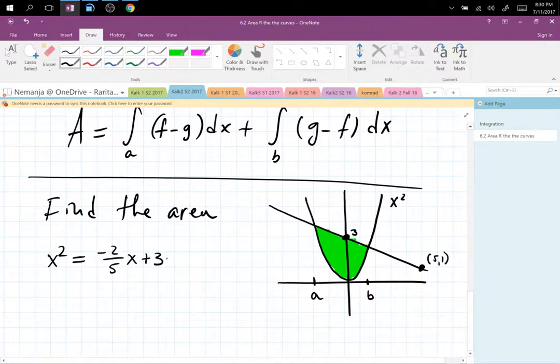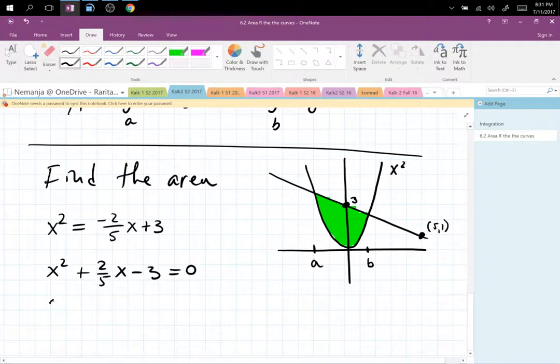That's our equation. And we move everything to the same side. Multiply by 5 to get rid of the fraction, and then hit it with the quadratic formula to get the values.